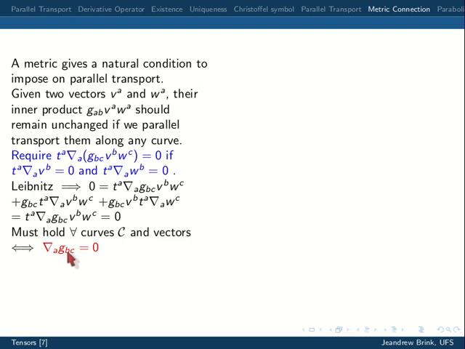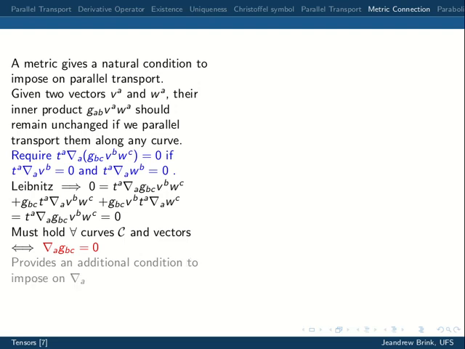So the metric is a tensor that doesn't change for this particular derivative operator. And this provides an additional condition that allows you to specify the unique derivative operator that doesn't change the metric, and therefore makes inner products at different points make sense.